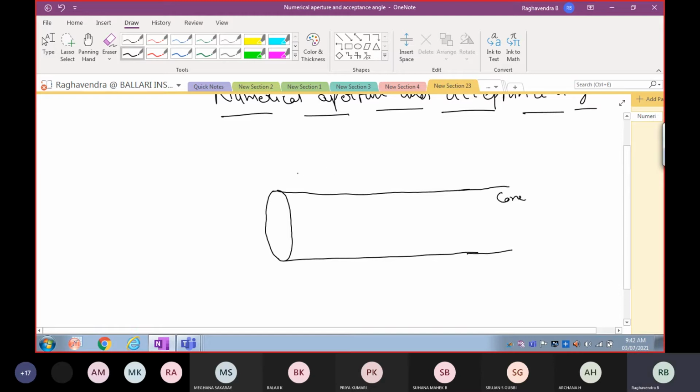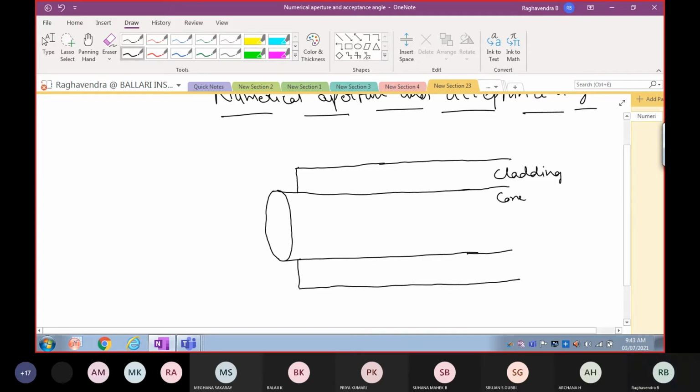And this core is surrounded by cladding. So this is cladding. N1 is the refractive index of core. N2 is the refractive index of cladding.